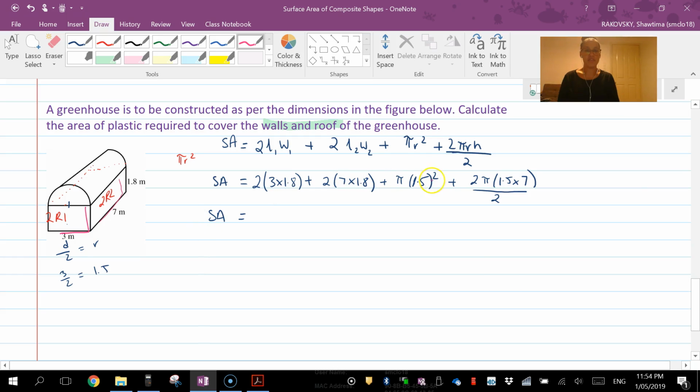Then you've got your 1.5, which is your radius, and the 7, which is the height of the cylinder, divided by 2. Your calculator is pretty good at getting that in, and you are welcome to just punch it all in, and that would give you 59.56 centimeters squared as your surface area.